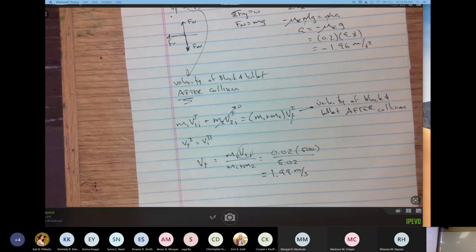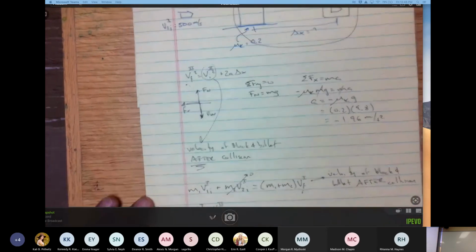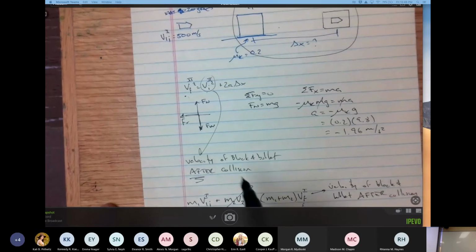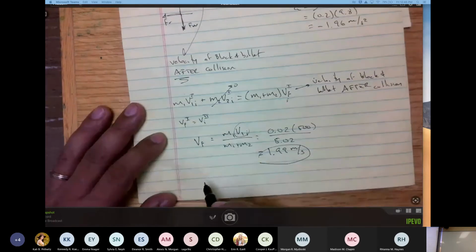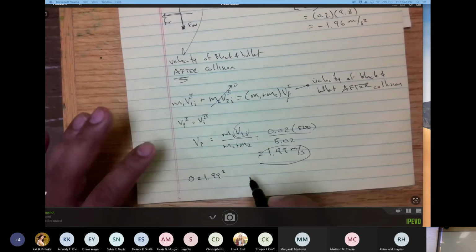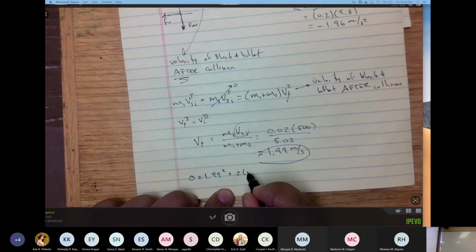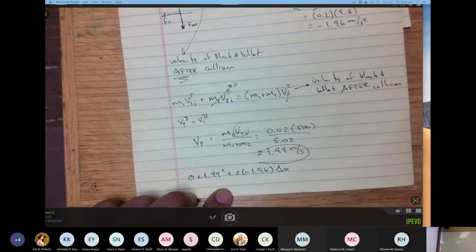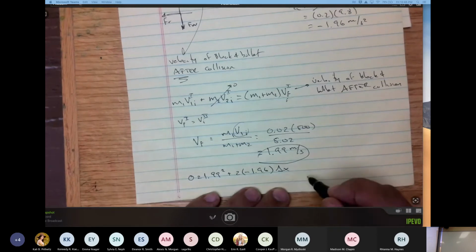Okay, and this is the velocity that I'm going to be using over here. So I'm going to have 0 equals 1.99 squared plus 2 times 1.96 delta x. I'm running out of space.